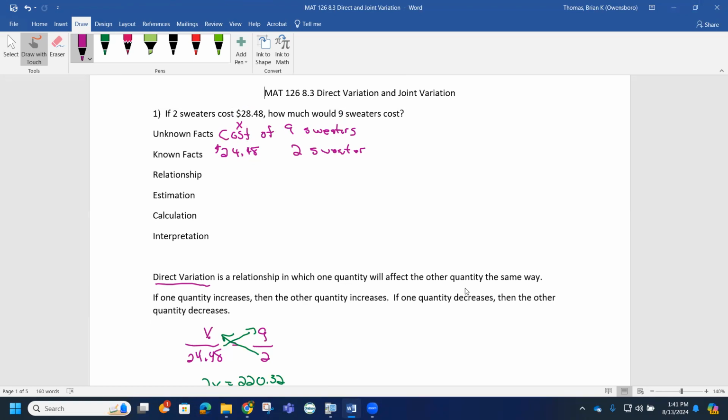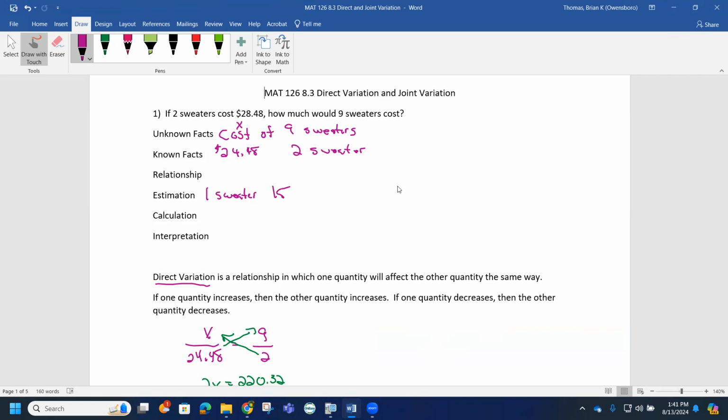Also, if you wanted to use estimation, 2 sweaters cost right around $30. So 1 sweater would be like 15. So if I want to buy 9 sweaters, 9 times 15 would be a rough estimate.